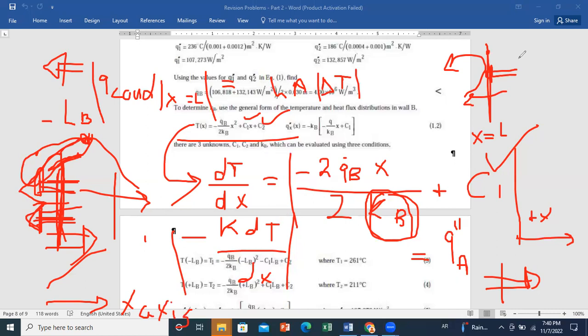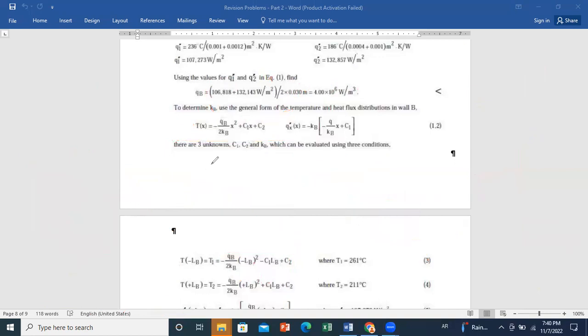In case you don't have generation within your wall, then simply Q conduction is k times the temperature difference. So let me put it again here. If you have a wall with a certain thickness L, and you know you have only conduction here, and this is T2 and this is T1, let's say that T1 is larger than T2. Of course, you know that heat will propagate in this direction.